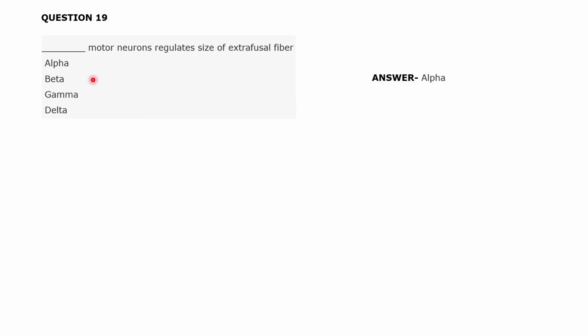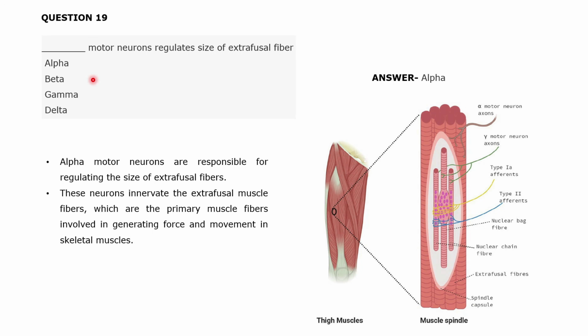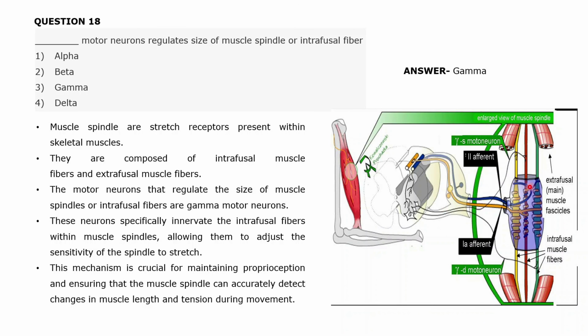So if you look into the structure that I earlier discussed, you know the structure, right? Extrafusal fibers are present on the outer edges of this muscle spindle, while the intrafusal muscles are present within, between the two extrafusal fibers.